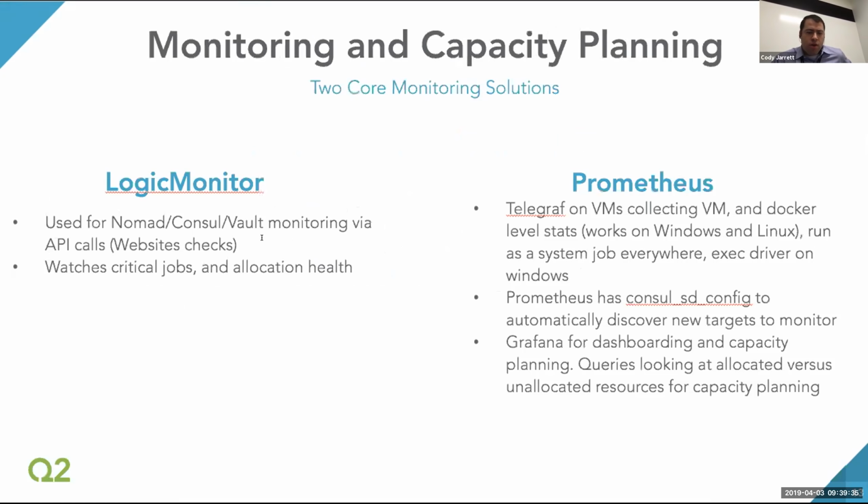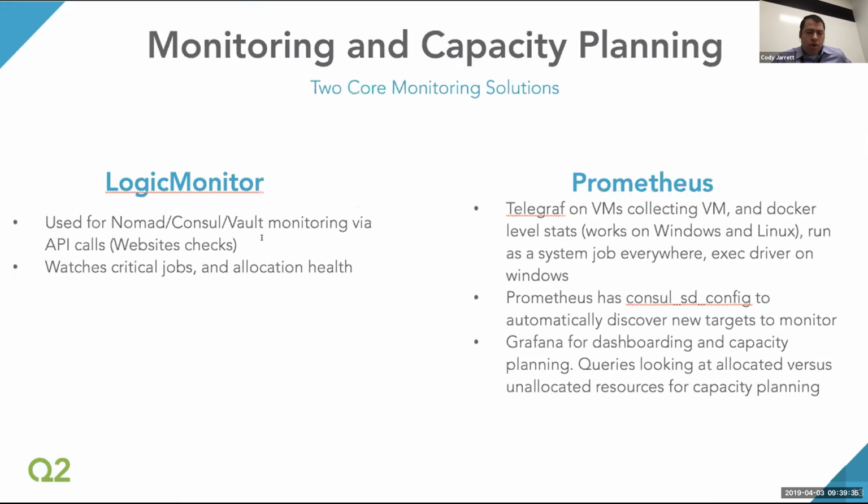And that's been really nice because we can use the Consul service discovery option with Prometheus, so that Prometheus makes a call to Consul. It learns about all the nodes and automatically begins collecting metrics from them, things like Docker stats or Nomad or Consul stats.